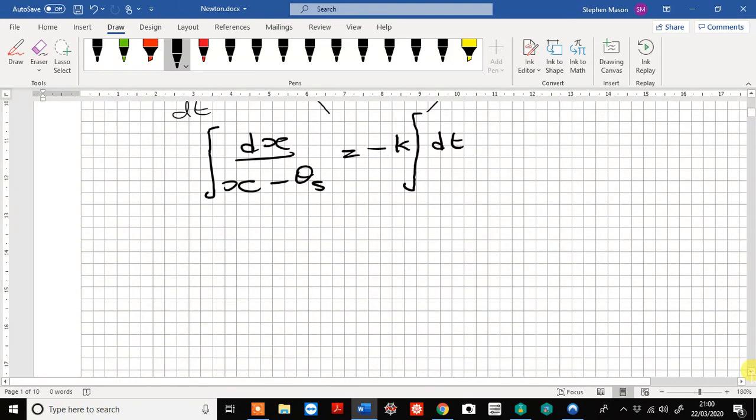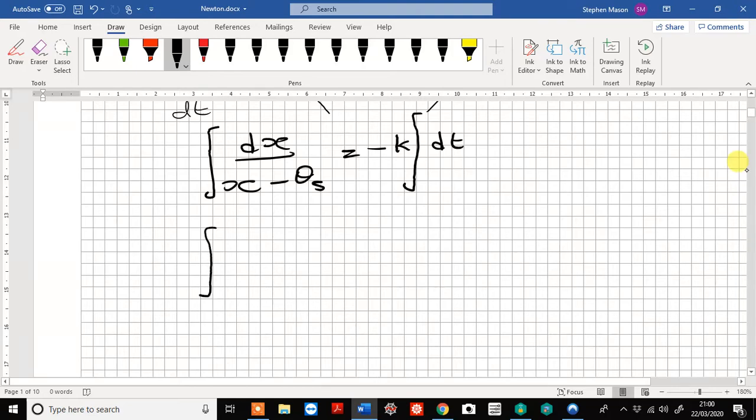Now, in this particular case, I'm going to substitute limits in where the integral signs are. So there's going to be a lower limit for the integral and an upper limit on both sides of this equation.